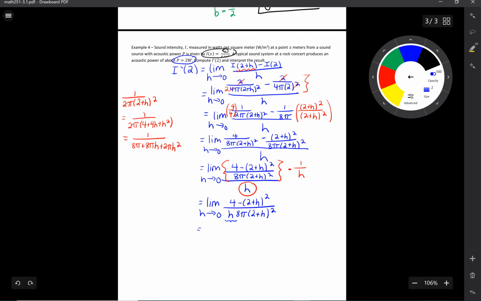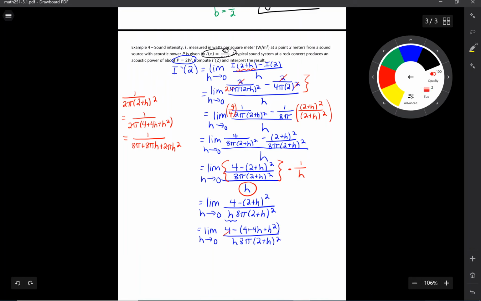So I get the limit as h goes to 0. I have 4 minus, if I expand out this term, I get 4 plus 4h plus h squared, over h times 8 pi times (2 plus h) squared.